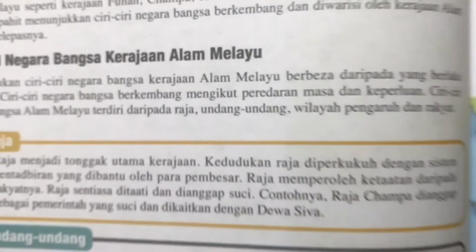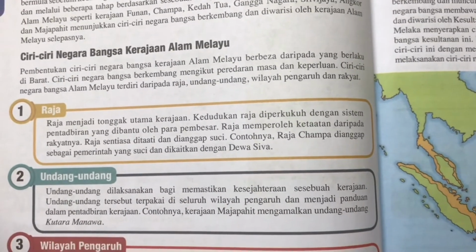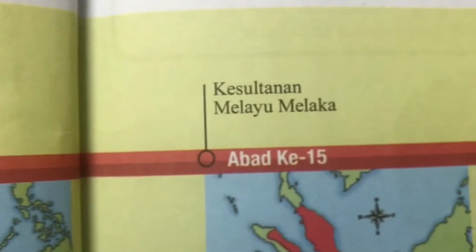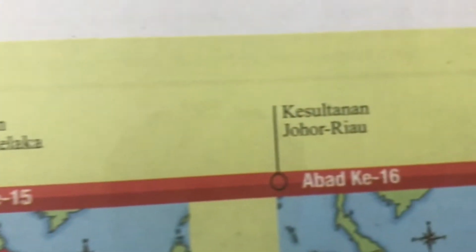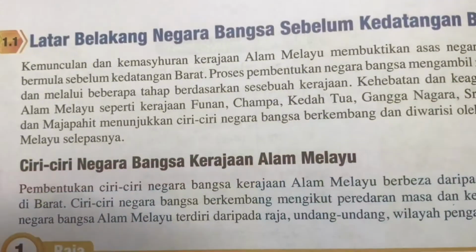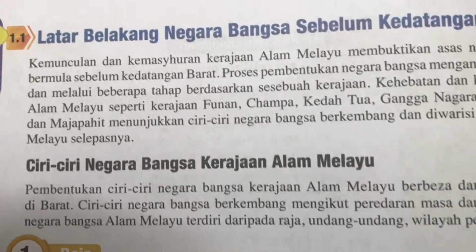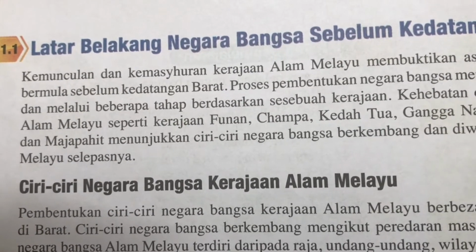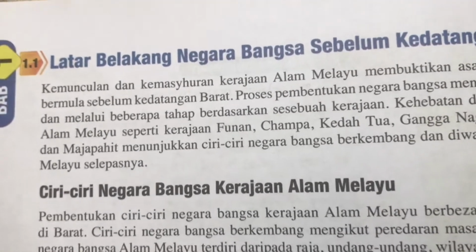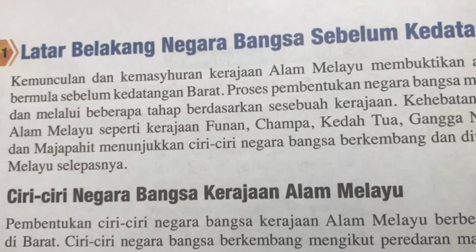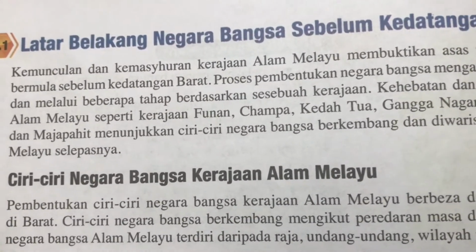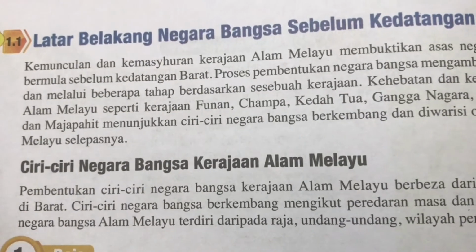So kita patah balik, kerajaan alam Melayu yang kita kena tahu dalam bab ini adalah Kerajaan Funan, Kerajaan Champa, Kerajaan Sriwijaya, Kesultanan Melayu Melaka, Kesultanan Johor. Menggariskan. By now, if you were in my class last year, you should have underlined. Okay, if you have belum lagi, sila gariskan. Kamu kena tahu, takrif semua terus ditulis dalam perenggan pertama.